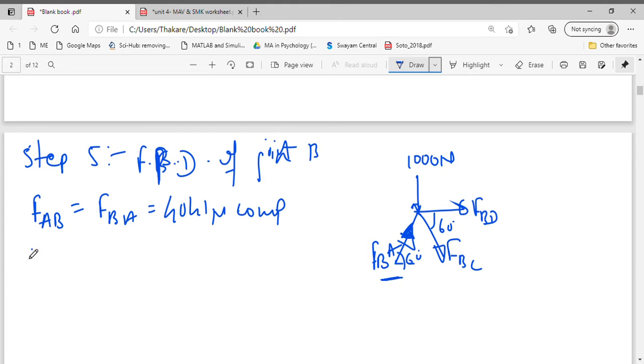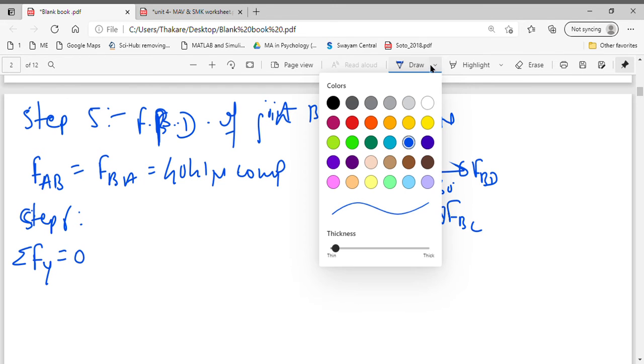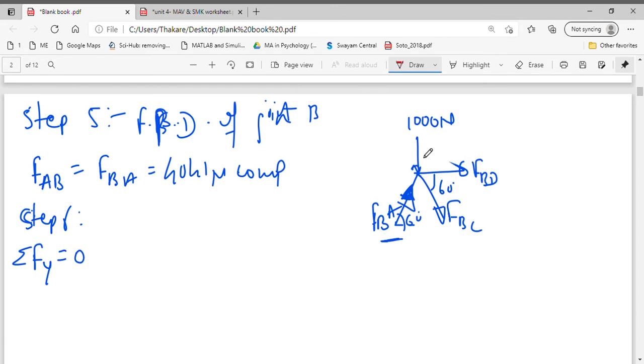Again, step 6 will be applying condition of equilibrium. We have summation of forces in y equals to 0. If you take summation of forces in y equals to 0, you will have components of two forces. One will be FAB sine 60 and one will be FBC sine 60.